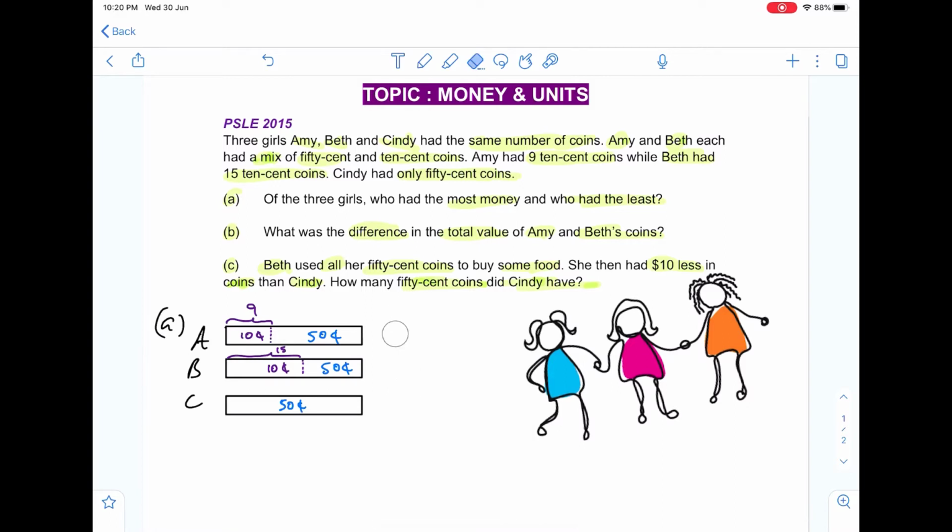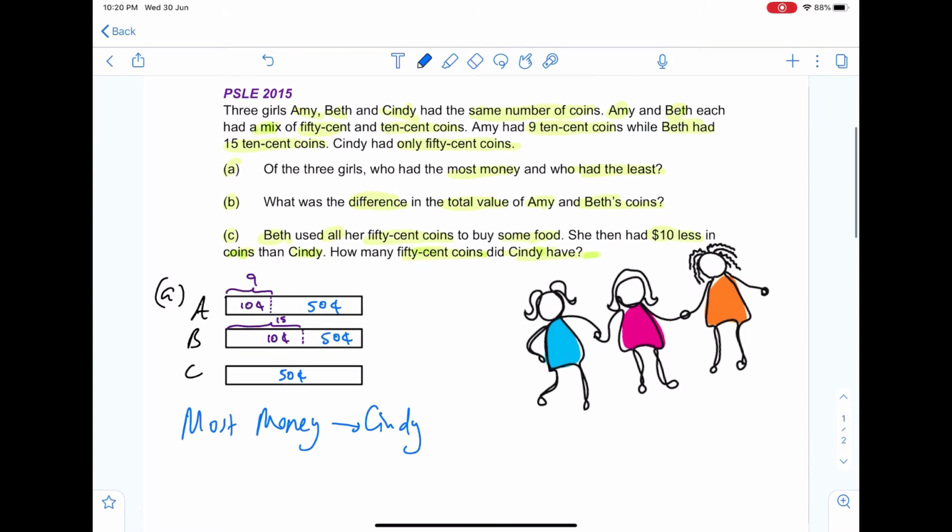Looking at these three models, since Cindy had only 50-cent coins, whereas the other two had a mixture of 10 cents and 50 cents, we can say for sure that the person with the most money, considering they all have an equal number of coins, will be Cindy, because all her coins are more in value as compared to the other two persons.